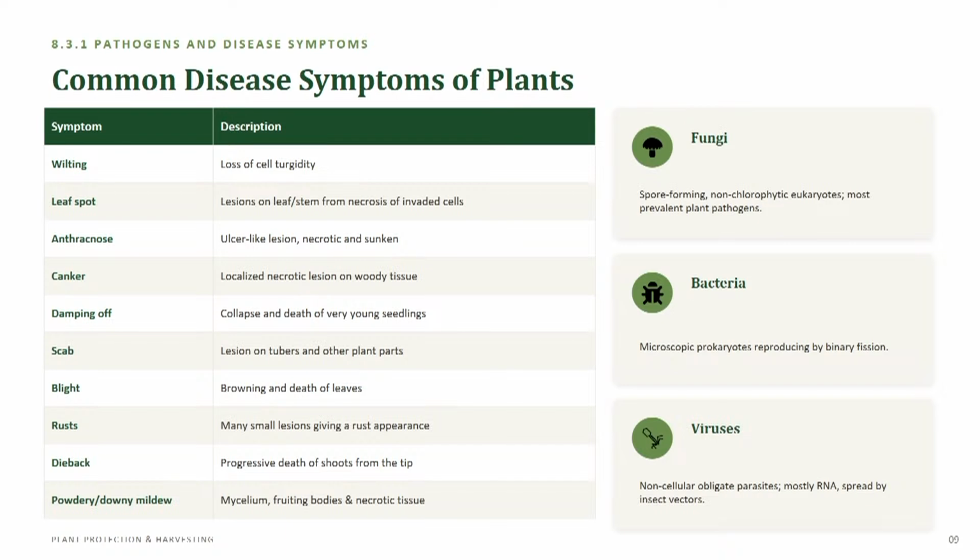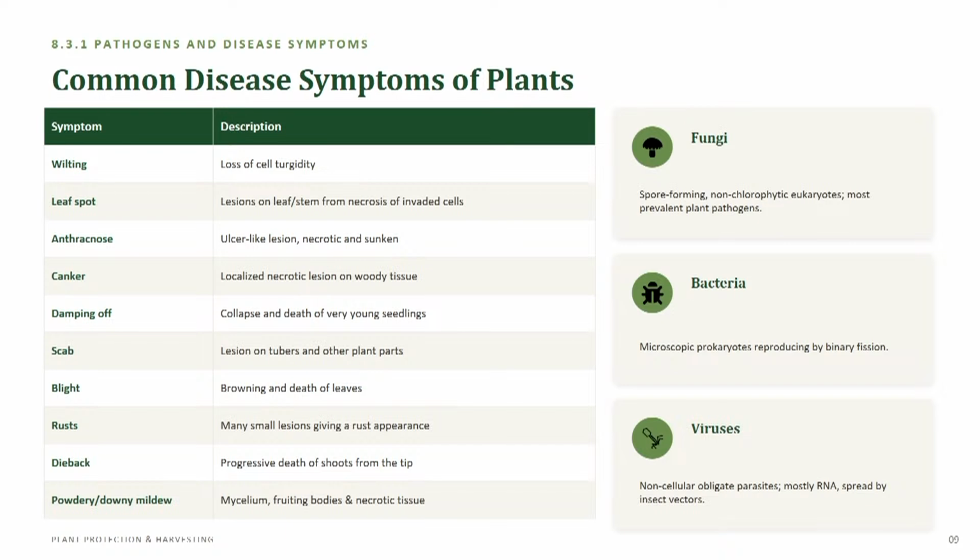In the case of blight, there is browning and death of the plant part. Coming to rust, very small lesions are found on the leaf, giving the leaf a rust-like appearance. In the case of dieback, it is the progressive death of the shoot from the top to the bottom.